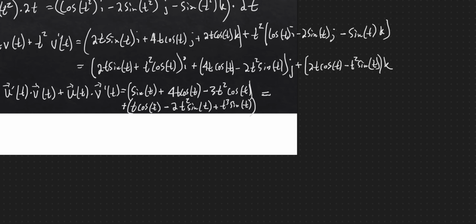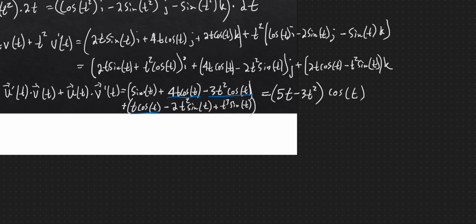So again, this makes 5t cosine t, and that's going to go with my other cosine t here. So let's combine all the cosine t's. That was 5t cosine t minus 3t squared cosine t. So that took care of the 4t cosine t, the t cosine t, and the minus 3t squared cosine t.